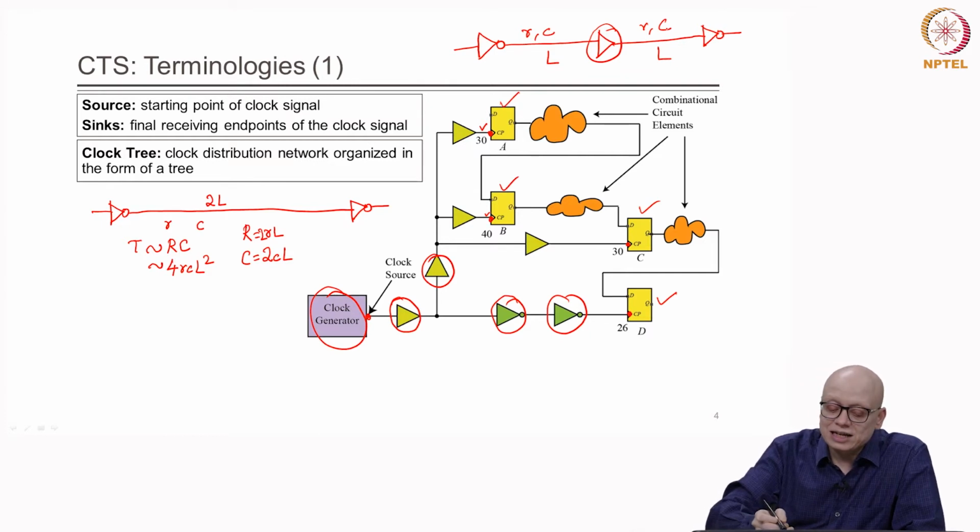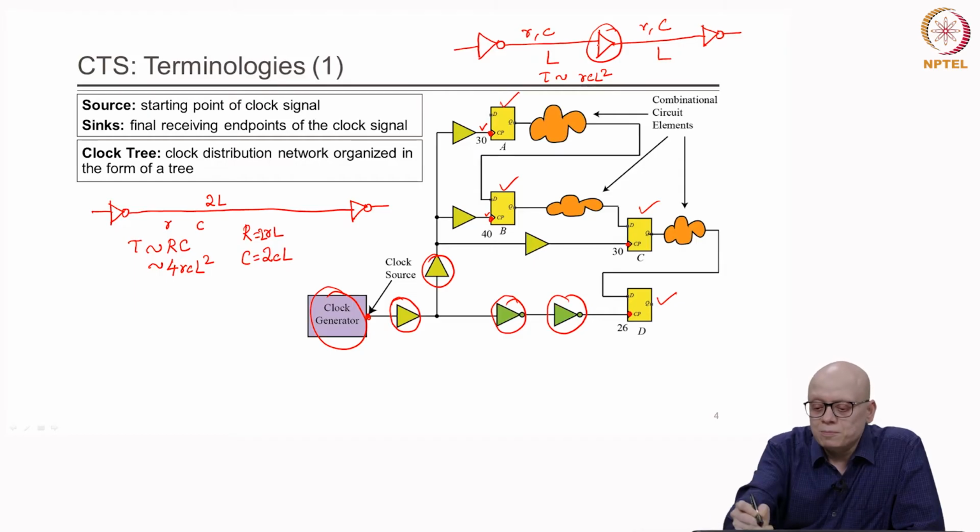The delay that we expect in this case will be tau approximately RC L square for the first section, plus the delay of this buffer, let us call it B, plus the delay of the second section, that is RC L square.